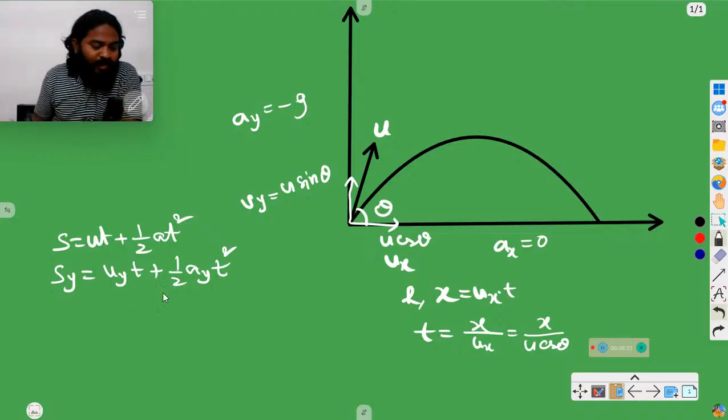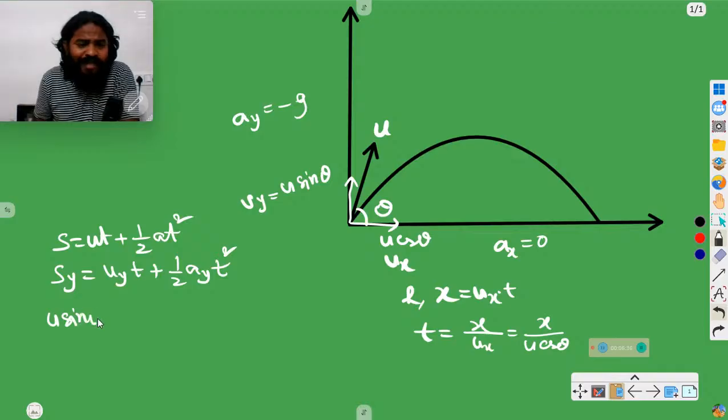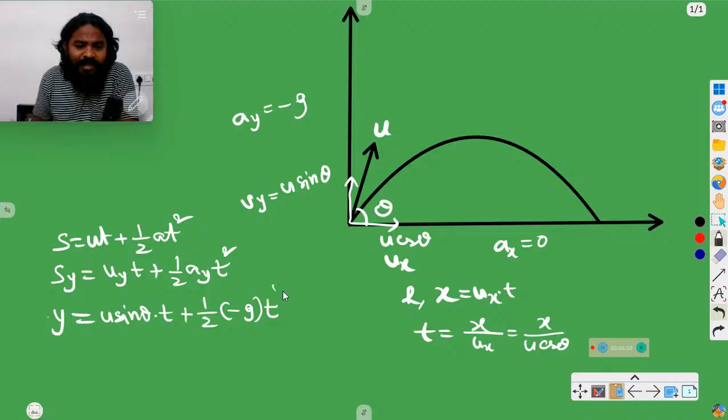If you observe carefully, sy is nothing but y, because the displacement along the y-axis is y. So y is equal to uy, in the sense u sin theta, t plus half into minus g t square, right? So this equation gives the y value.